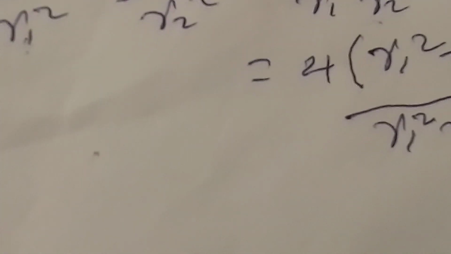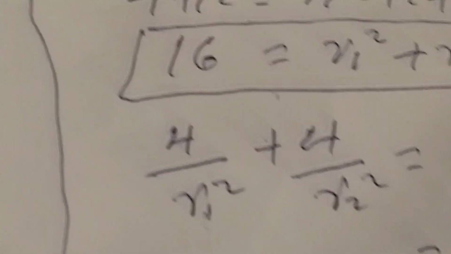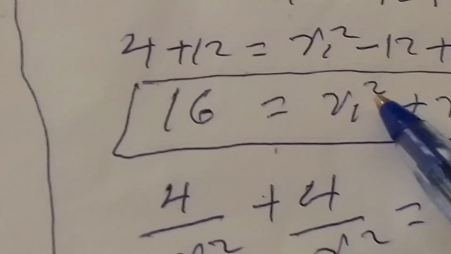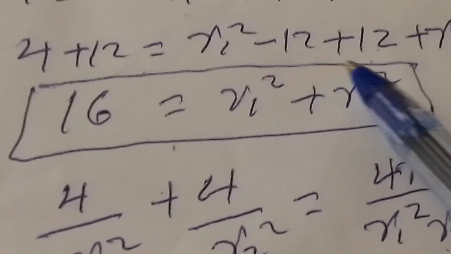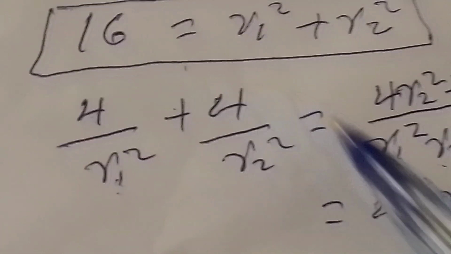Then substitute the value: r1 square plus r2 square is 16.